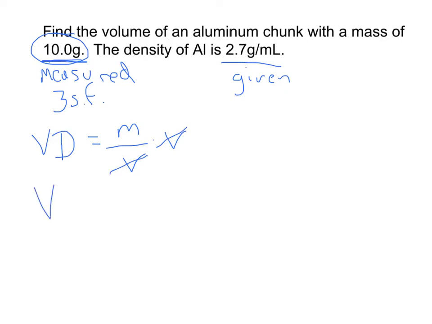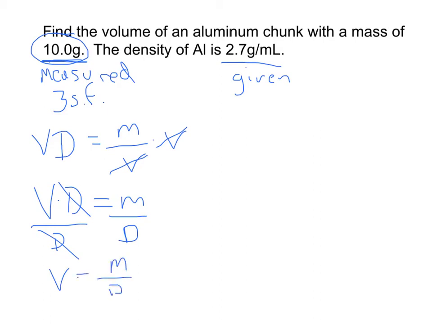Now we have V times D, volume times density, equals mass. Let's divide both sides of the equation by D, which will cancel out D on the left, and the relationship we want here is volume is mass divided by density. Okay, so we'll come over here, we're going to substitute in.